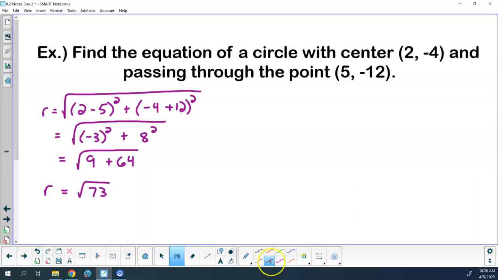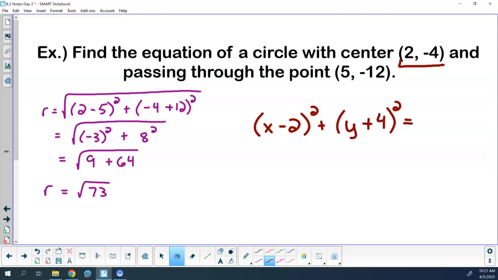Which means then my center is that one. So it's going to be x minus 2 quantity squared plus y minus negative 4, or y plus 4, quantity squared. And then square root of 73 squared is 73.